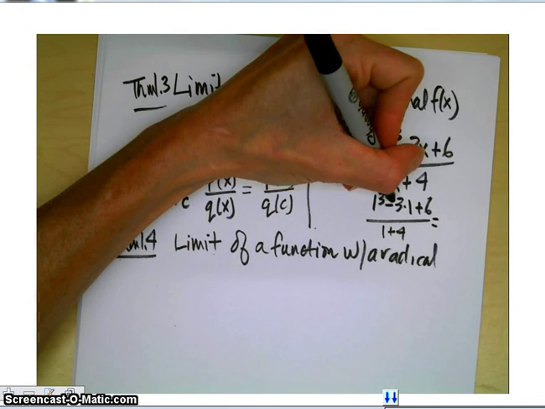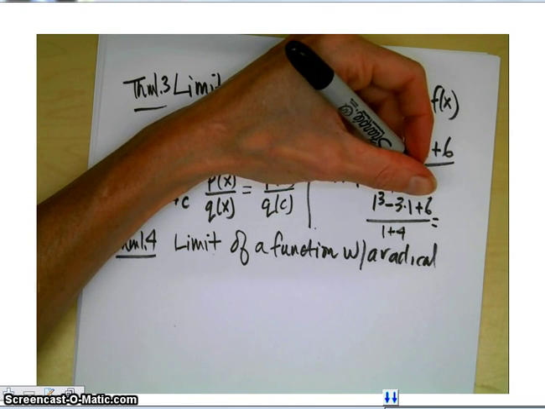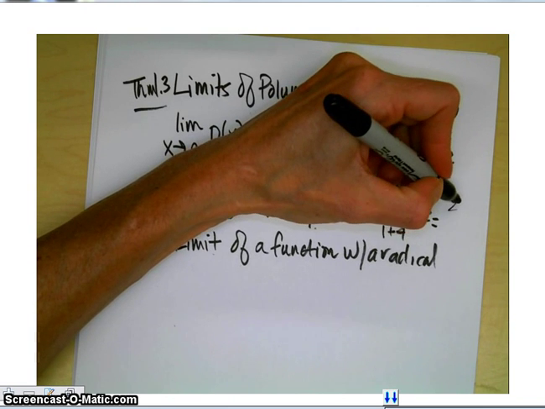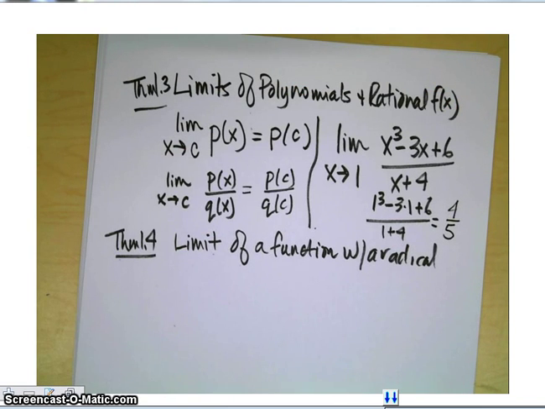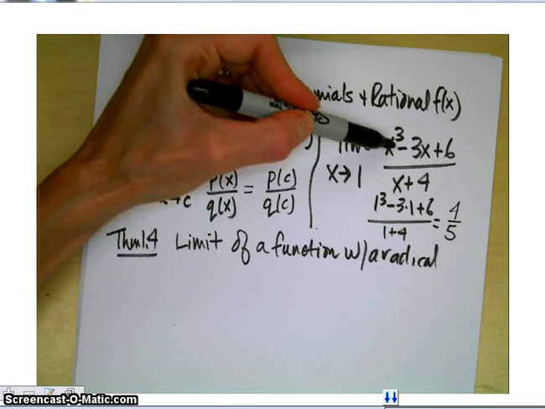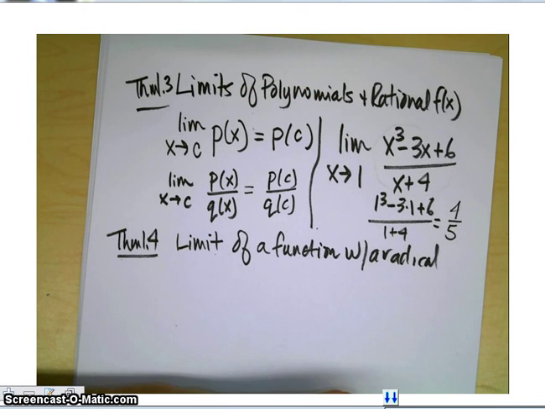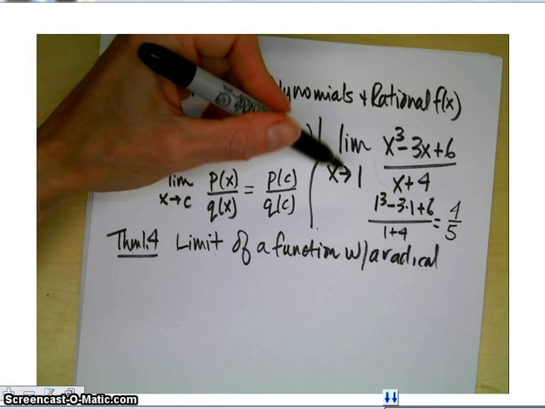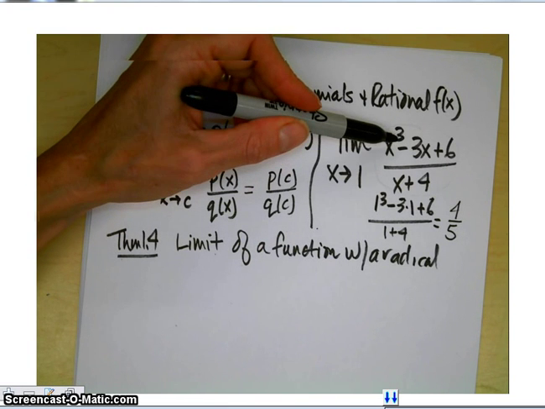And you get 1 minus 3 plus 6 over 5, which is 4 over 5. So the limit as x goes to 1 of that function, the y value is approaching 4/5. What's another word for what we're doing? Substitution.